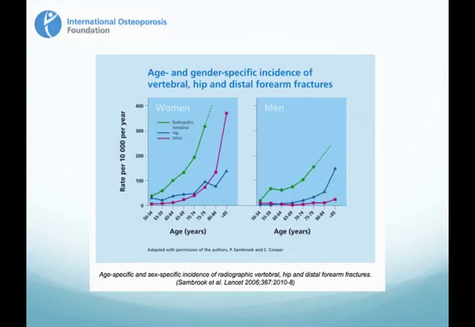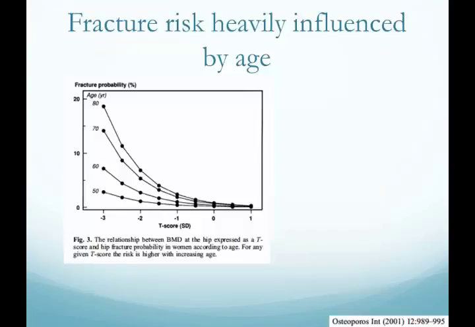So the older you get, the more fractures you're going to have of a different kind. Radiographic vertebral fracture, hip fracture, and wrist fracture, the 3 main kinds of osteoporotic fracture. You know, you can technically have, let's say, for example, rib fracture because of osteoporosis if you have like a low force trauma, but these are the 3 main ones that are reported in all the studies.